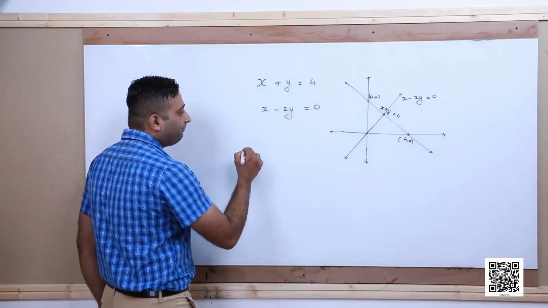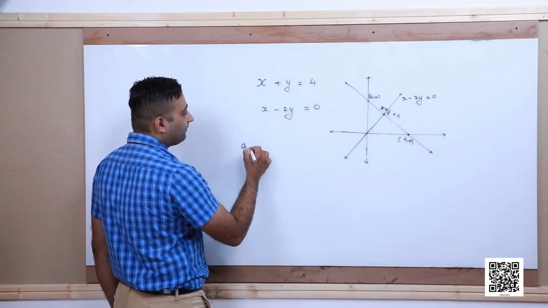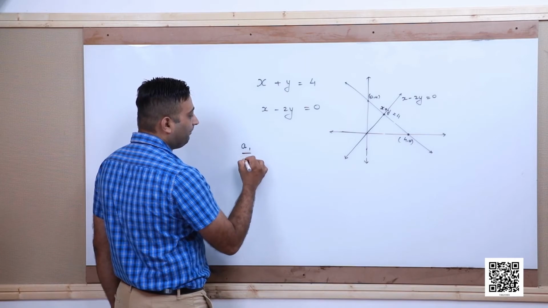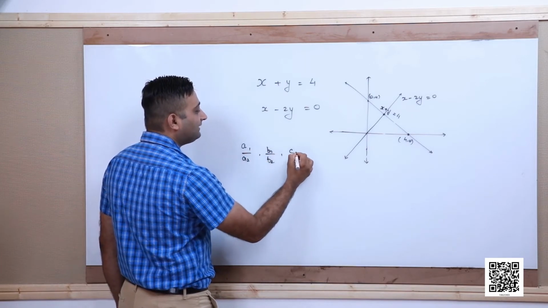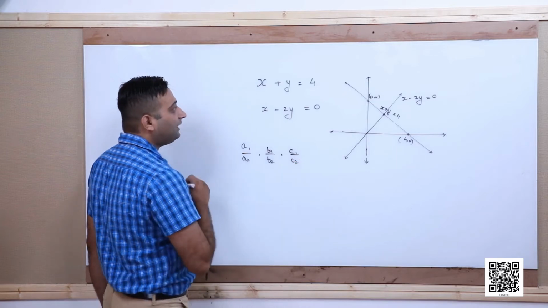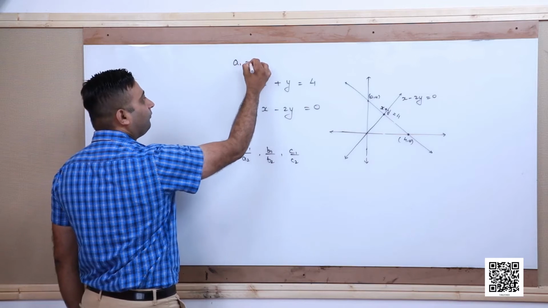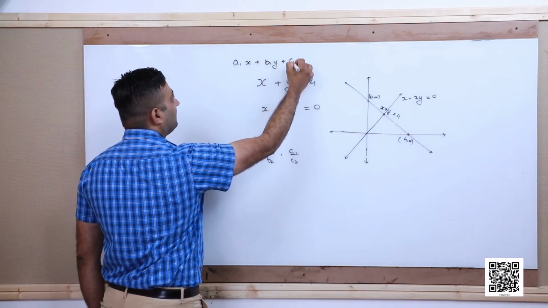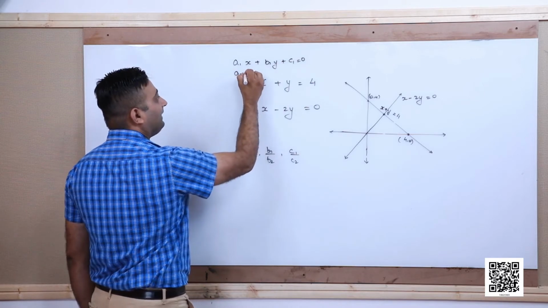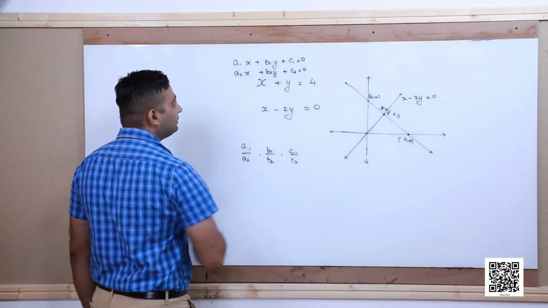Now, let us compare the ratios a1/a2, b1/b2 and c1/c2 after comparing these equations with the standard form, that is a1x + b1y + c1 = 0 and a2x + b2y + c2 = 0.